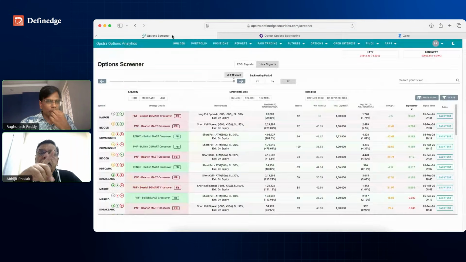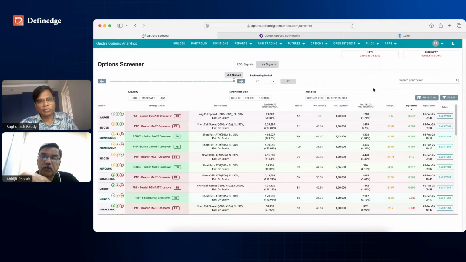One question: these strategies which you showed, can they be customized? I mean, I want to have my own strategy, some other moving average crossover or something like that. Right now, we are not giving that customization because we are backtesting each and everything every day.